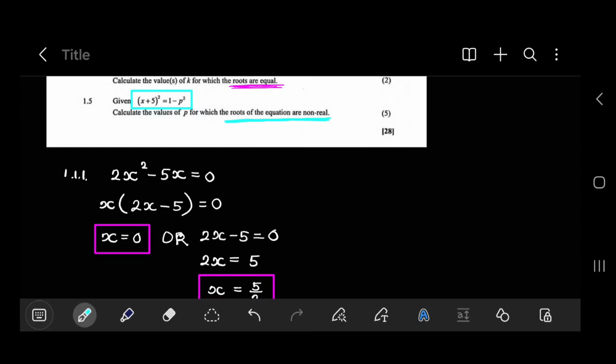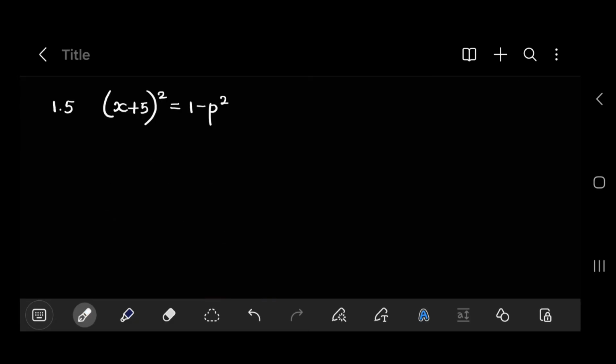Okay, so let's do that. Now to simplify, let's get rid of that bracket on the left by expanding. So we know that a binomial squared is going to result in a trinomial that is going to give you x squared plus 10x plus 25. So how do we know this? To get the first term, we square the first term.